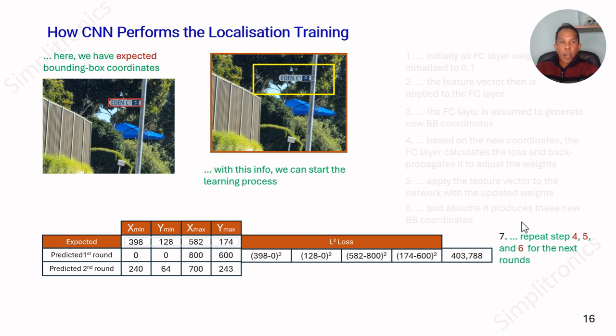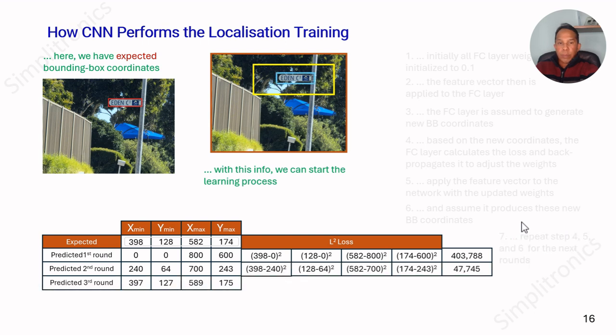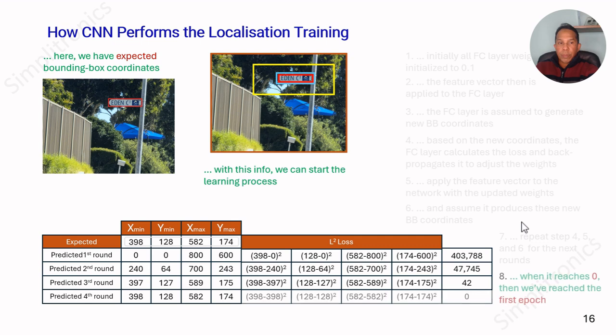Repeat steps 4, 5, 6 for the next rounds. When it reaches 0, then we have reached the first epoch.